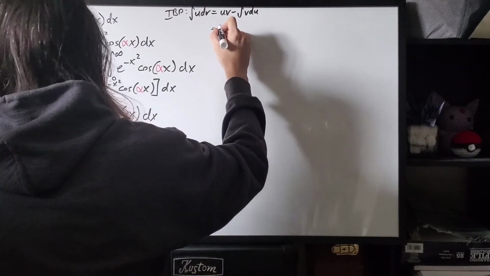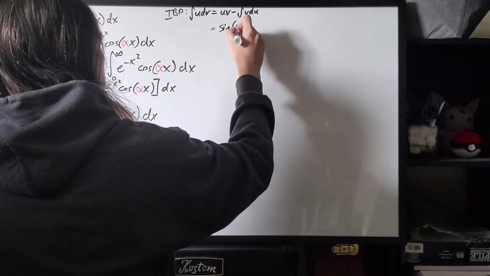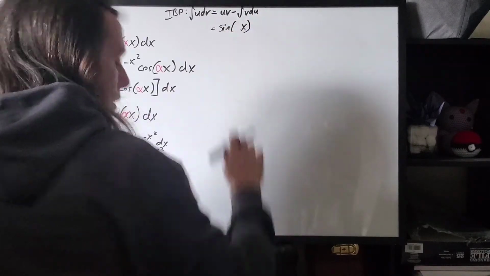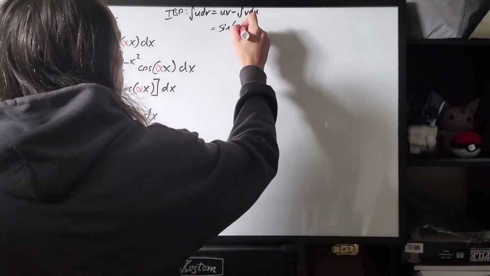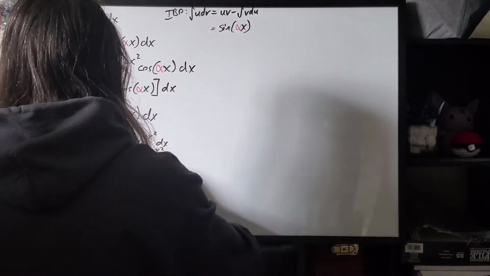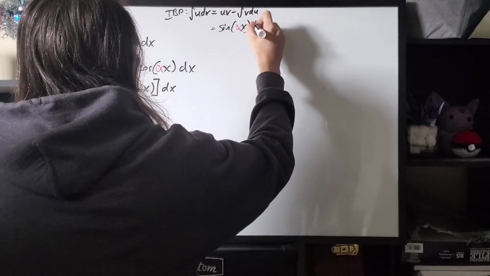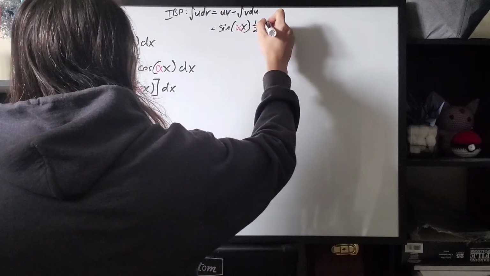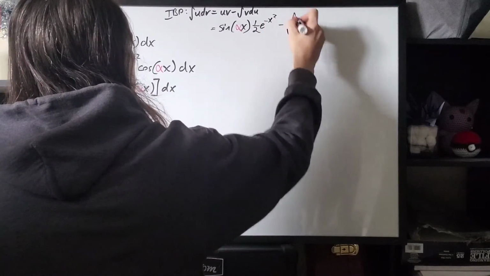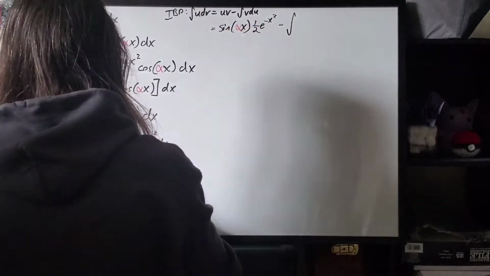U is sine of alpha x, and v was 1/2 e to the negative x squared, minus the integral of v du.